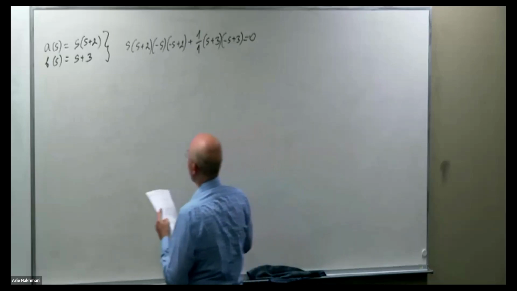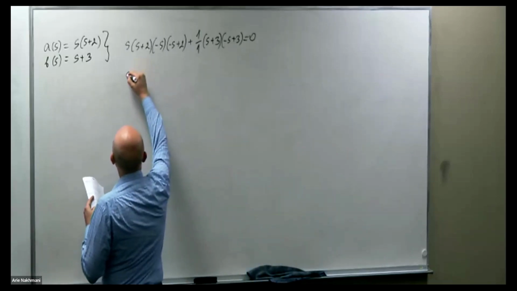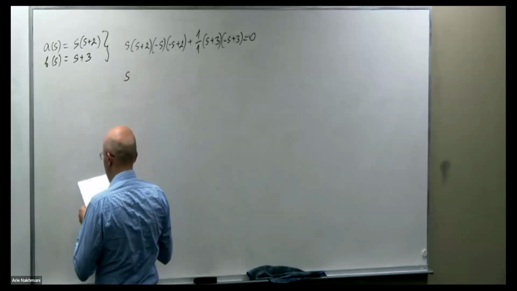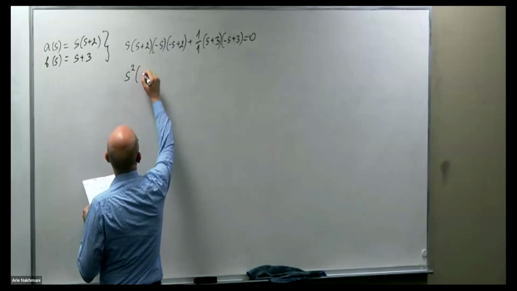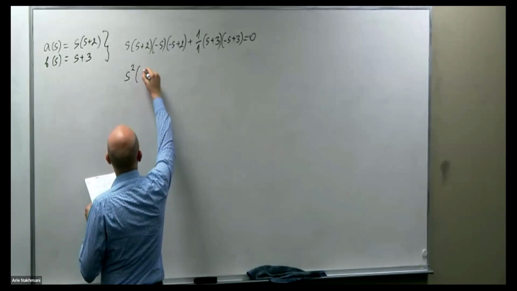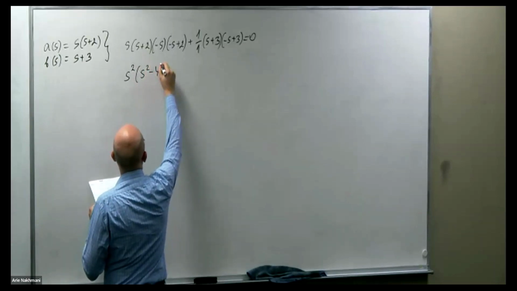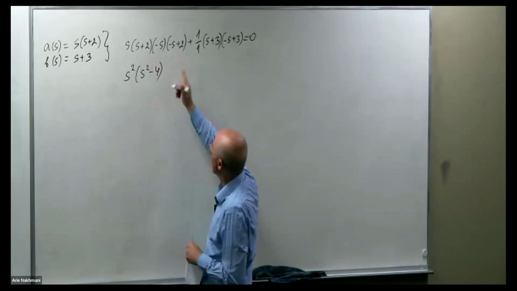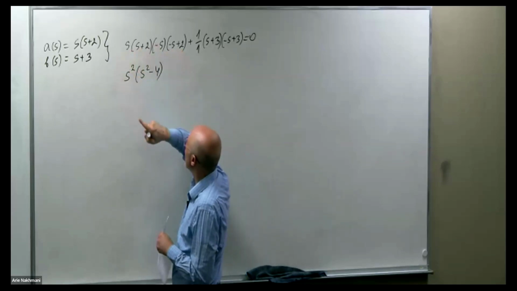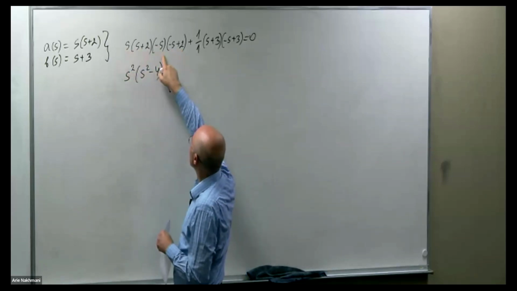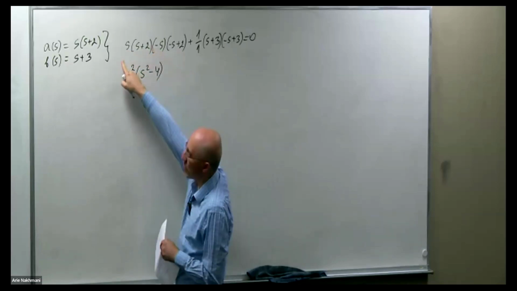So this equation will be s squared and then s squared minus 4. Remember how you do that? So kind of multiply that by minus 1, so it gets s minus 2, the minus goes out, but then also that minus goes out.